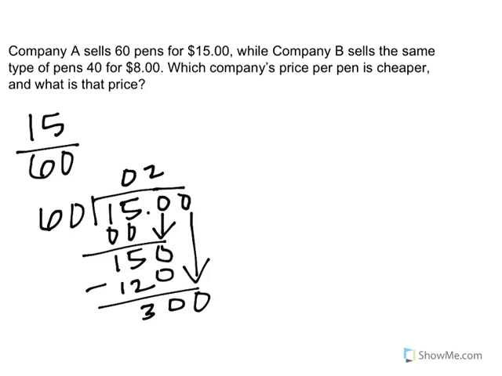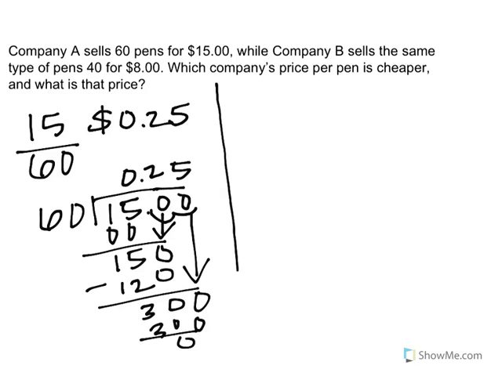Bring that down. 60 goes into 300. It does. 6 goes into 30 5 times. 5 times 0 is 0. 5 times 6 is 30. That equals out to 0. We have 2 decimal places, so we'll put our decimal. So, Company A is selling their pins for 25 cents each.